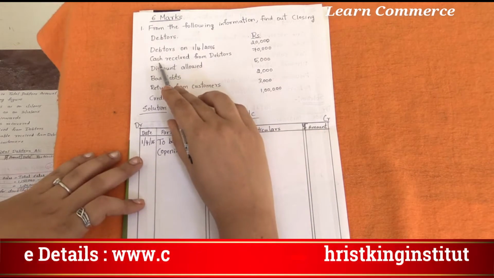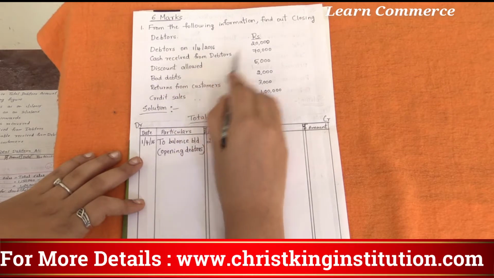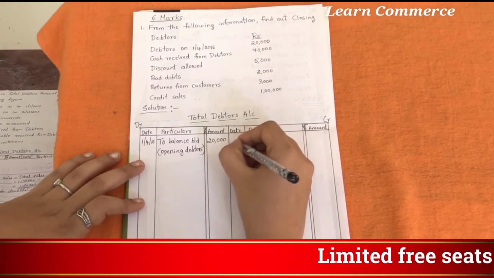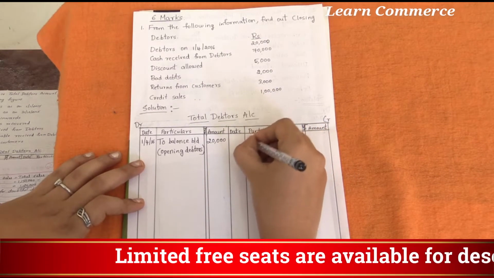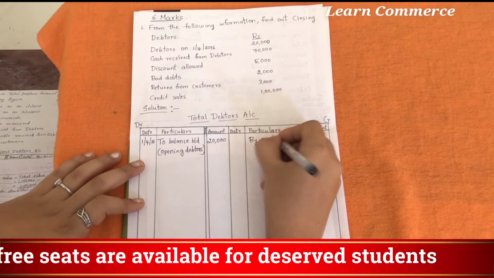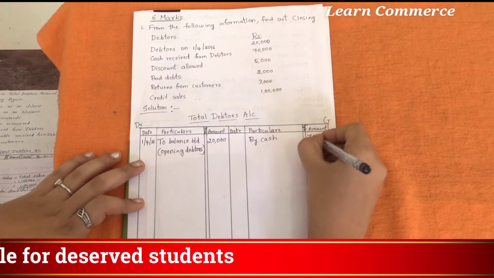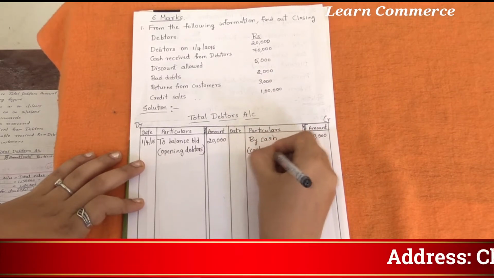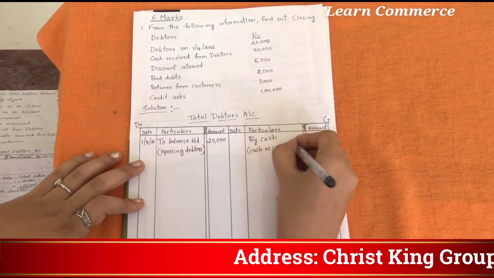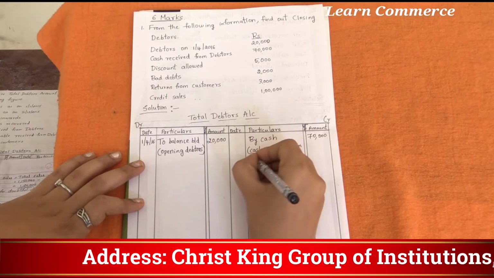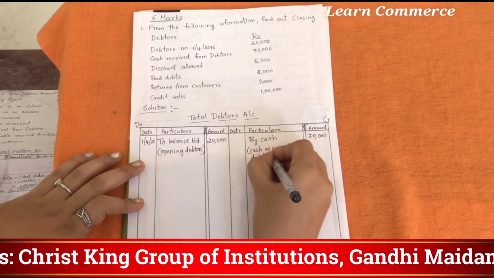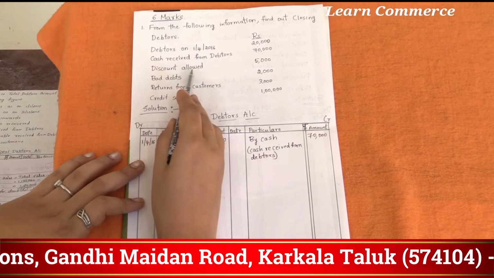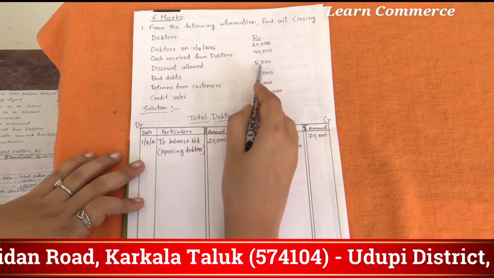Then next one, cash received from debtors 70,000. It should be recorded on the credit side. The date is not given, no problem. So write by cash, how much rupees? 70,000. So inside the bracket, cash received from debtors. Yes. Then next one, discount allowed 5,000 rupees.